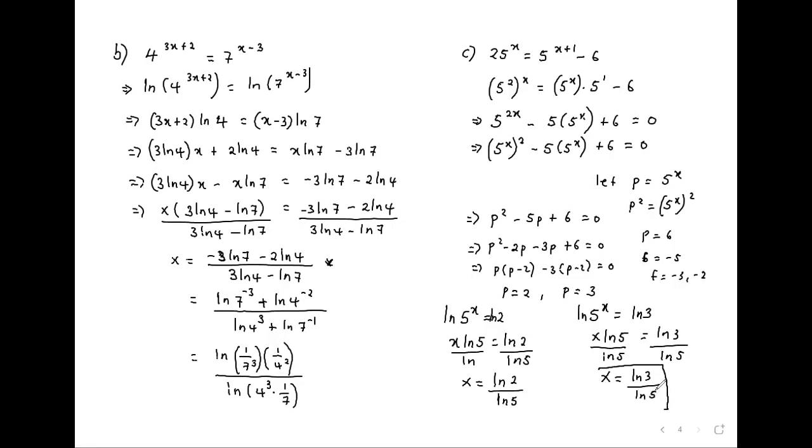So these are the two values of x that we obtain. So we are able to move from an exponential to a quadratic and go back to exponential and find the values of x in logarithmic forms.